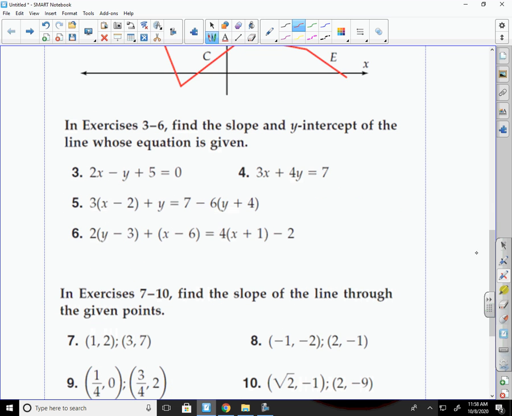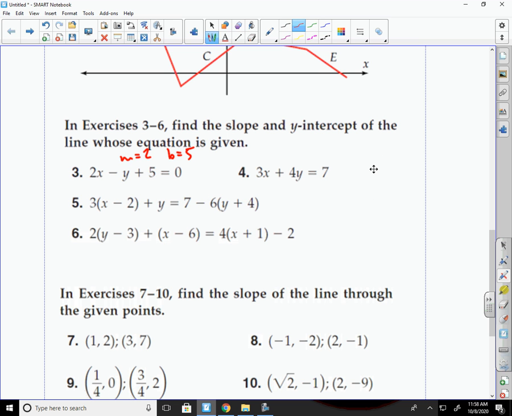In exercises 3 to 6, find the slope and y-intercept of the line whose equation is given. So in order to do this, I'm going to add the y over first. That gives me y equals 2x plus 5. That's slope-intercept form. So the slope would be 2 and the y-intercept 5. For this one, I have to get y by itself.